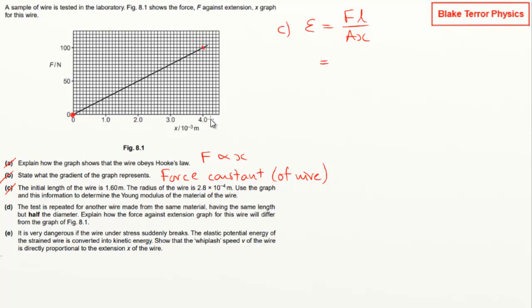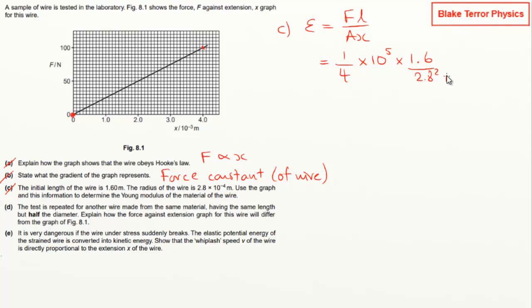So we've got 100 over 4 times 10 to the minus 3. And we can use that as our F over x. So that will be a quarter of 10 to the 5 for our F over x. We then need to multiply by L, which is 1.6, and then divide by a squared. So we've got a 2.8 squared.